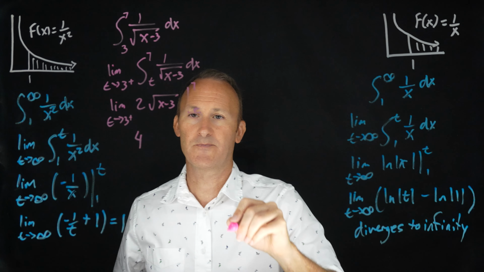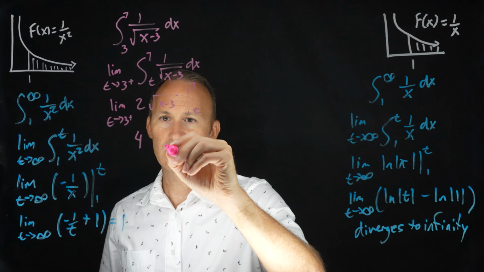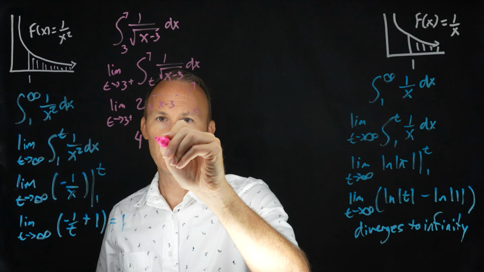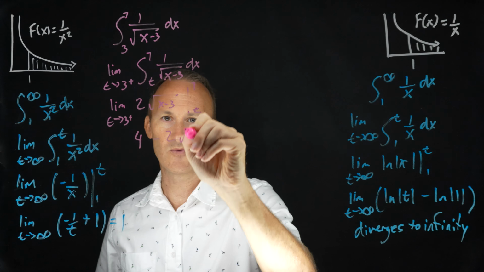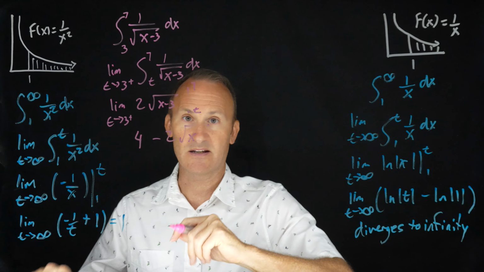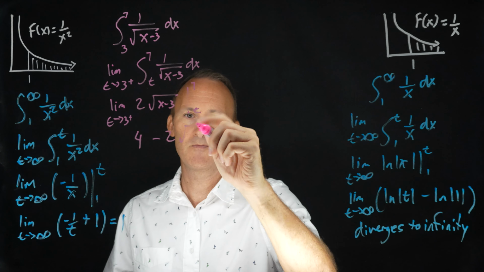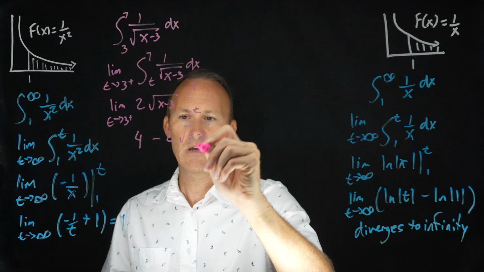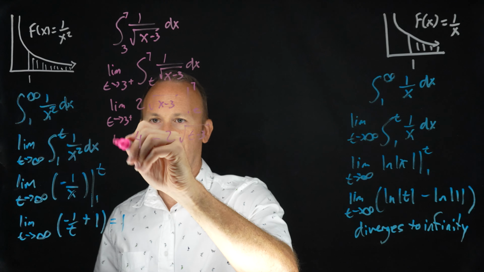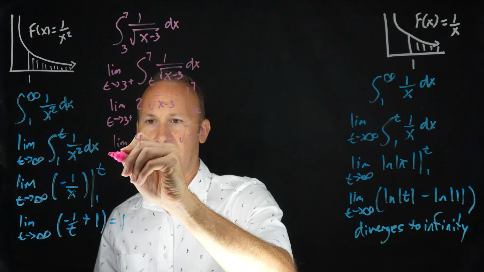Now, what about the t? The second term would be the minus 2 root, x becomes t, t minus 3. And then you still want to look at this as the limit as t approaches 3 from the right.